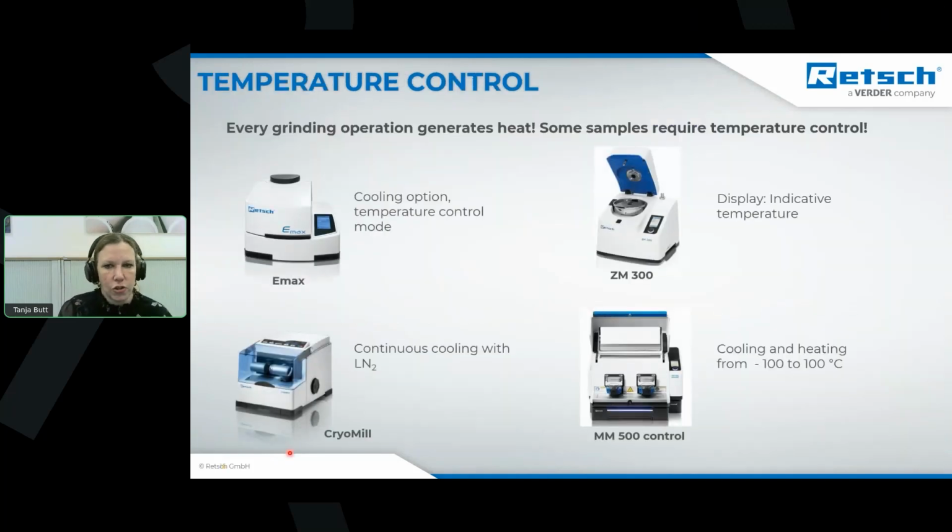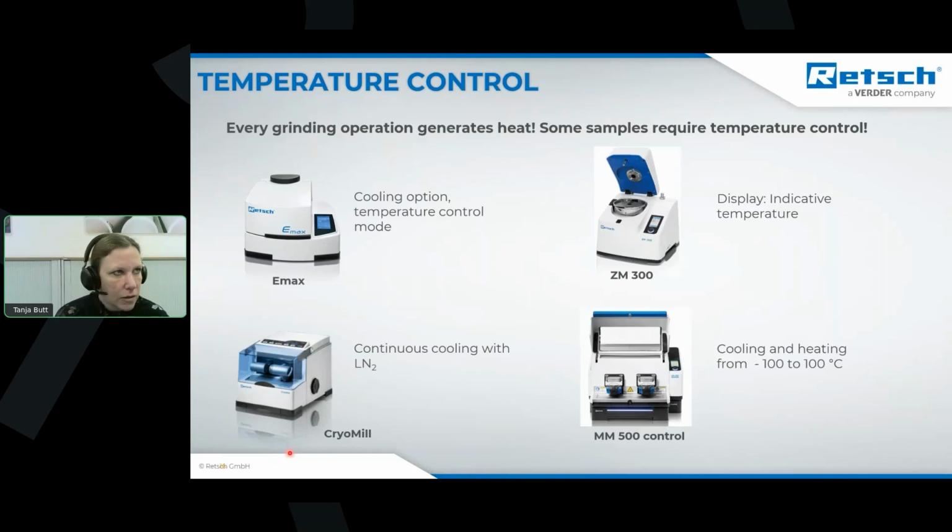Then we need to talk about temperature control, very, very important for pharmaceutical application. And we need to know that each grinding operation generates heat. We cannot avoid it. It depends on the mill, on the configuration of my sample, on the sample volume, the jars I use, for example, the sample quantity, how warm it is.